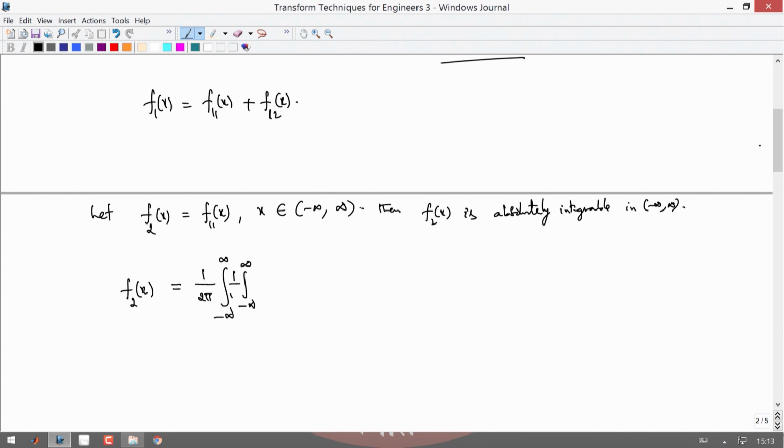There is 1 by root 2 pi and another root 2 pi, so together this is 1 by 2 pi. So this one is the integral of f2 of x into e power minus i xi x dx, which is your function of xi, and then you have e power i xi x d xi. So this is your Fourier integral theorem, this is what you have.